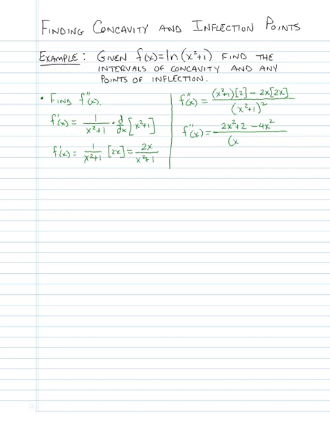And of course, that's all over x squared plus 1 to the power 2. And then we notice that 2x squared minus 4x squared is negative 2x squared. So the second derivative looks like it would end up being 2 minus 2x squared over x squared plus 1 to the power 2.